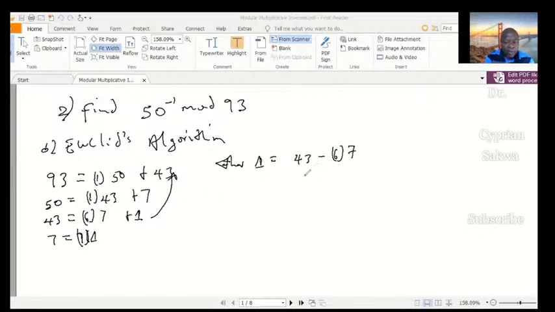And then what is 7? 7 is 50 minus 1 multiplied by 43. So when you open the brackets, negative 6 times negative 1 will be positive 6, plus this one here will be 7 multiplied by 43.